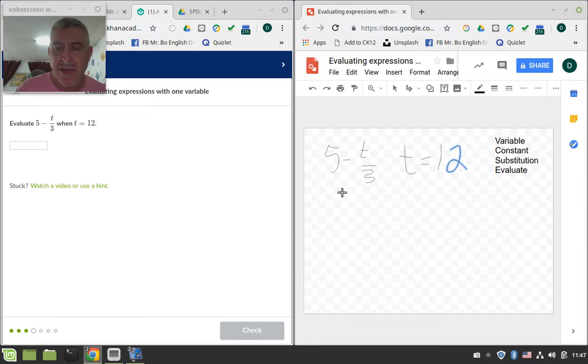Always go back and check your work. 5 minus t divided by 3, t is 12, so we'll substitute, and that's 5 minus 4, or 1.